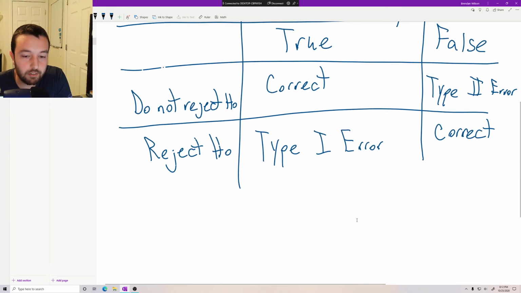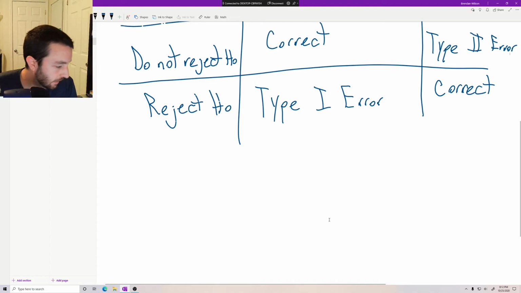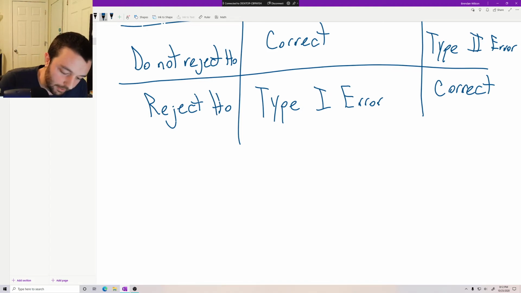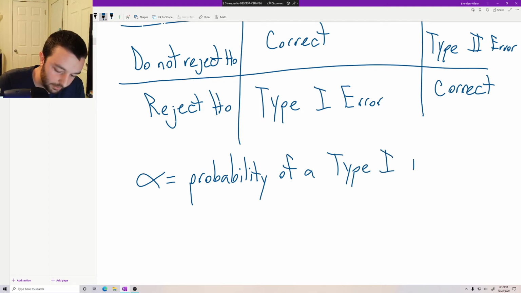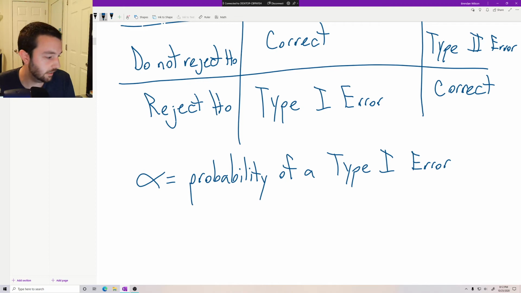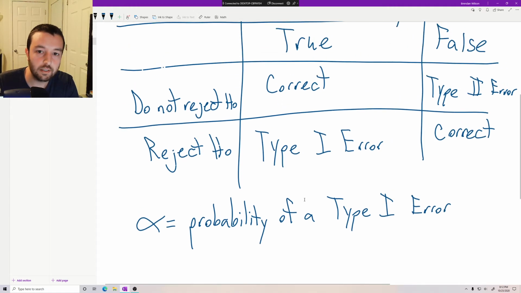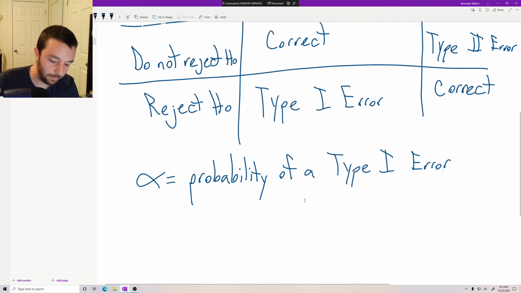Each of these errors is represented by a different letter. Okay. Alpha is used to describe the probability of a type 1 error. Okay. Alpha is the first letter in the Greek alphabet, so it's used for the type 1. That's the connection there. So this is the probability of rejecting the null hypothesis when the null hypothesis is true. Okay.